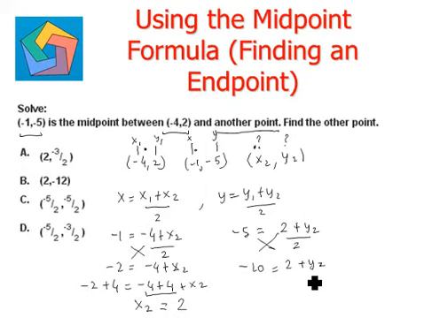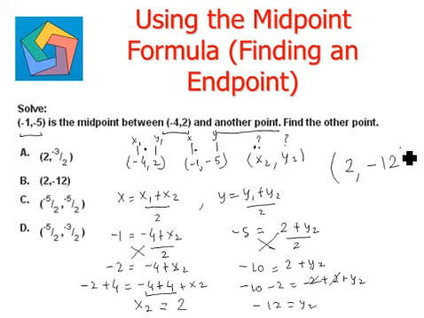We subtract 2 on both sides to find out the value of y2. This becomes 0. -12 equals y2. So the other endpoint x2, y2 is nothing but 2, -12, which is option B.